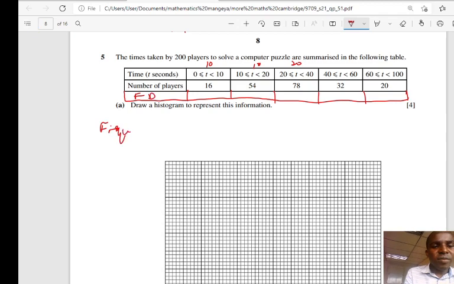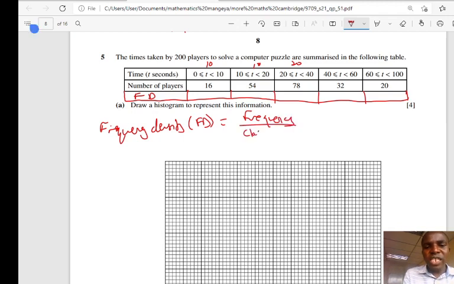FD is frequency over class width. Class width is the same as class difference.